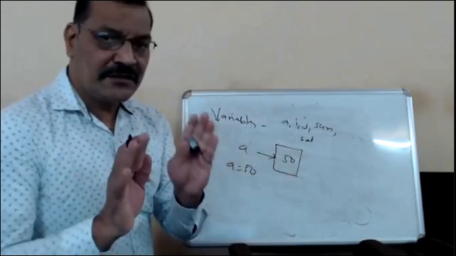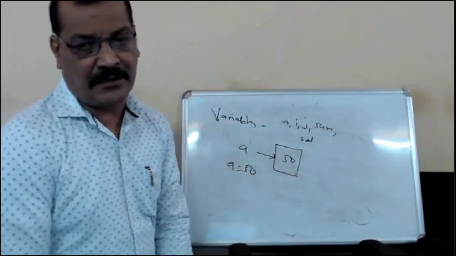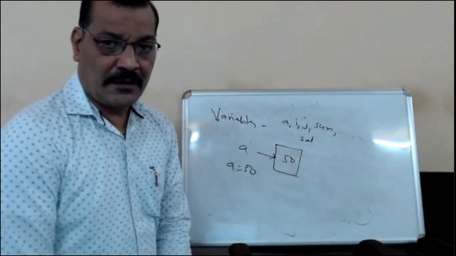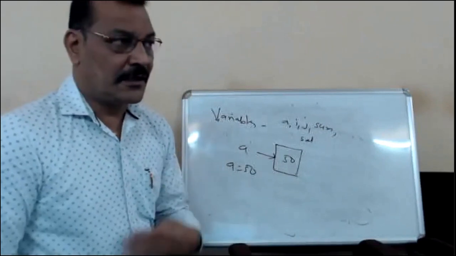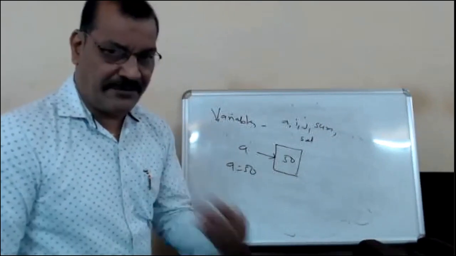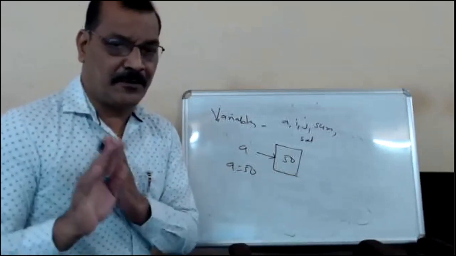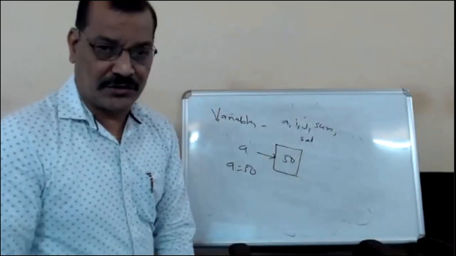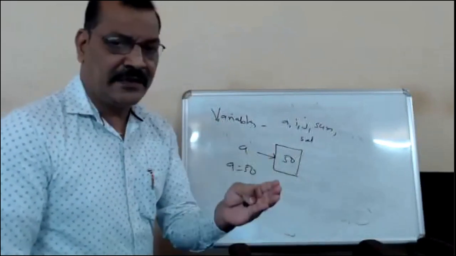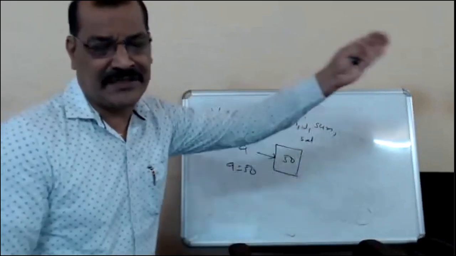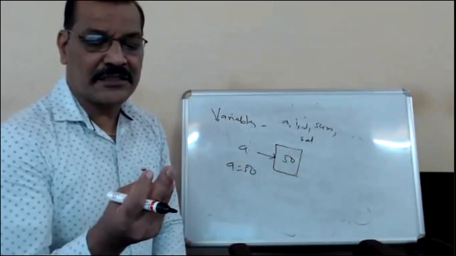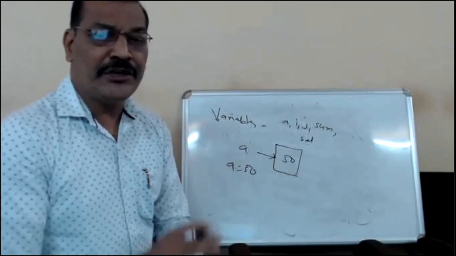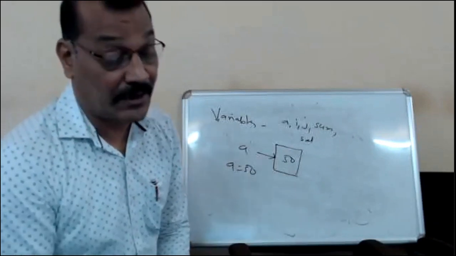Just as we compare in other programming languages with Python, because this is our common observation that whenever we learn any programming language, we compare it with the programming language that we know. Similarly here, if you compare Python with C, C++ and Java, a very small salient feature of Python is that there is no need to declare variables like other programming languages.